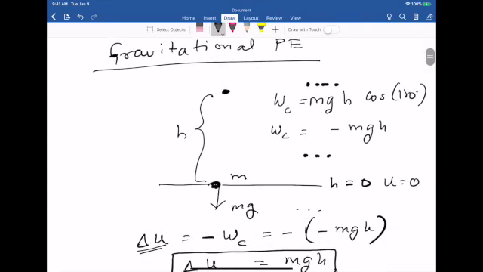Whereas for gravity, you can choose h equals 0, which automatically makes U equals 0. You can make this choice at any height you want, though it's usually most convenient to choose h equals 0 at whatever is the lowest height in the problem, like the ground or something like that.